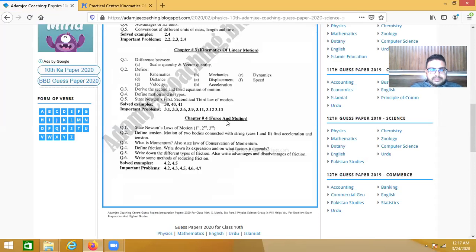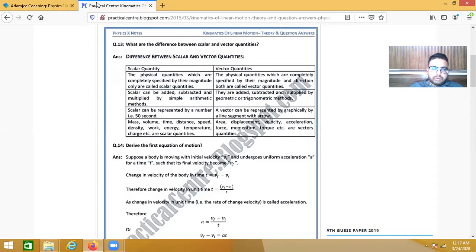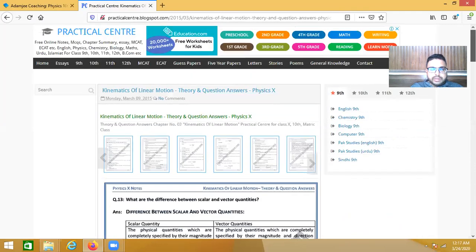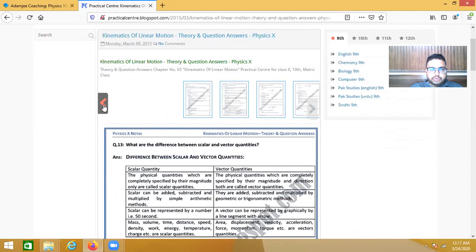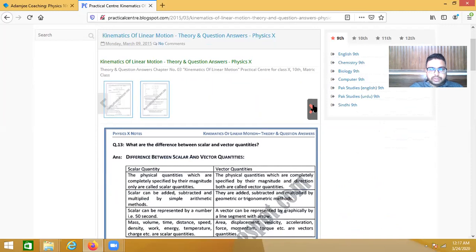The second question is about the basic definitions of kinematics, mechanics, dynamics, distance, displacement, speed, velocity, and acceleration. We have discussed all these definitions in the class, and for making it simpler you can refer to these notes as well, right?